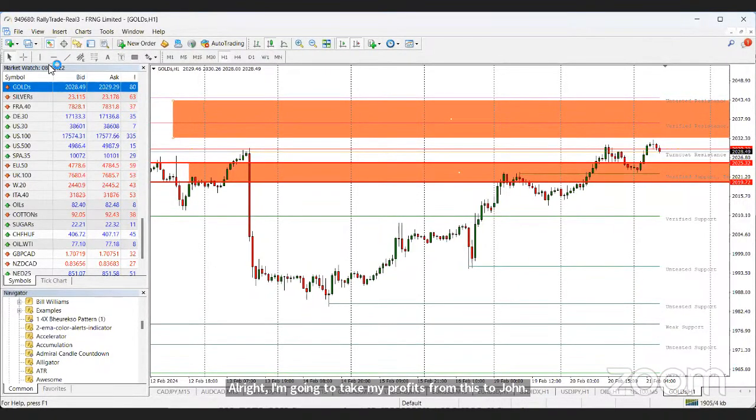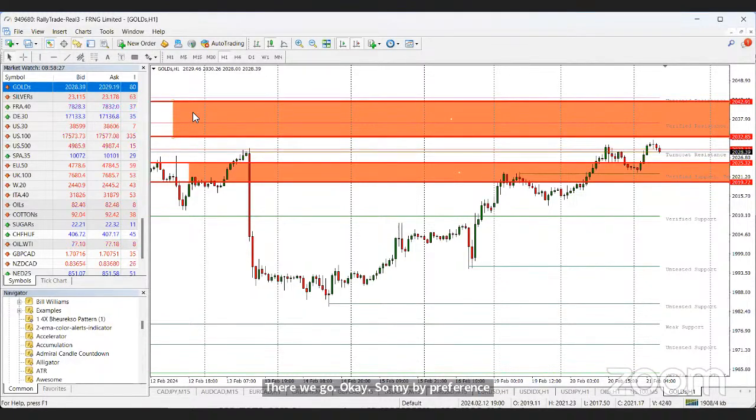Okay, so my buy preference between 2025.32 and 2019.72 all the way to 2032.85 and 2042.91, you can see continue your buys from that range as well.